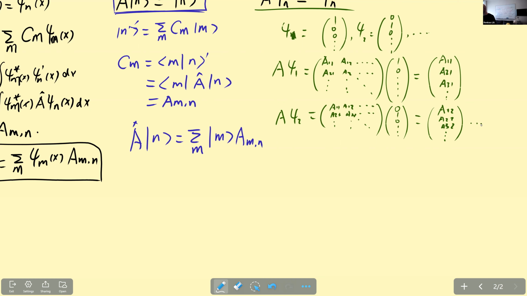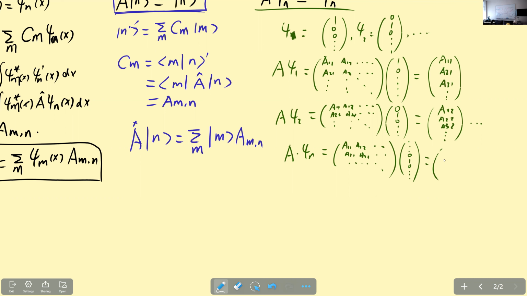So you can see that A times percent M, that's A11, A12, A21, A22, so on and so forth, times 0, 1, 0, okay?